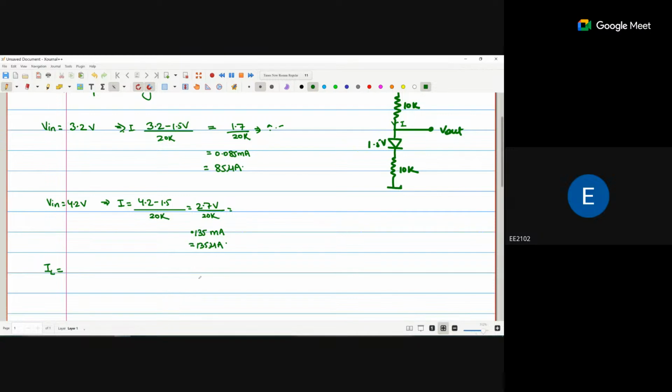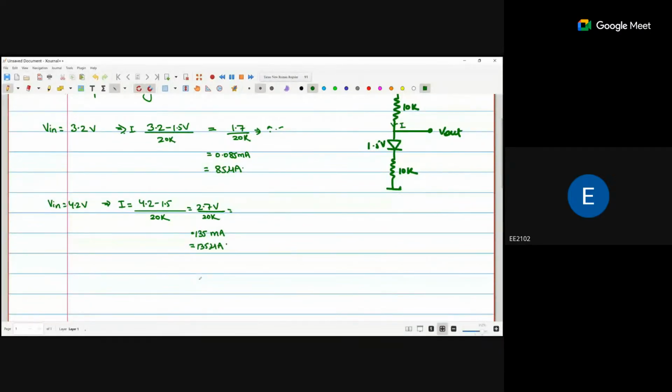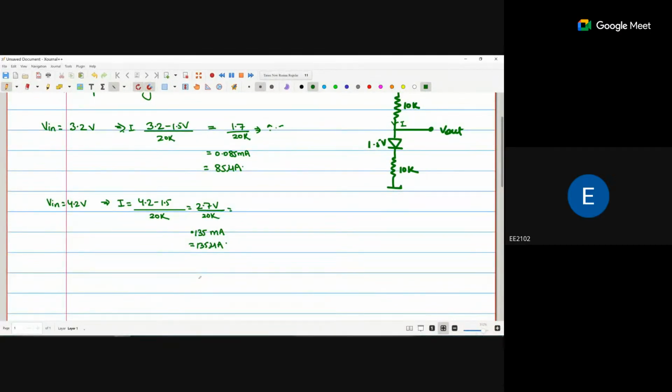Now what is V out? V out is 135 microampere multiplied by 10K plus 1.5 volt. So it is 1.35 plus 1.5 is 2.85 volt.